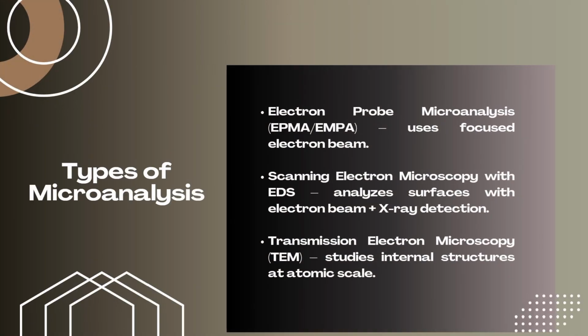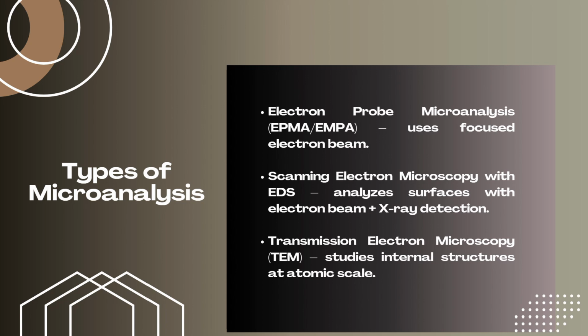The principle of microanalysis is to study materials at the microscale using a high energy beam, such as electrons, to generate signals from the sample. This signal reveals the elemental composition, structure, and morphology of a material. There are types of microanalysis.